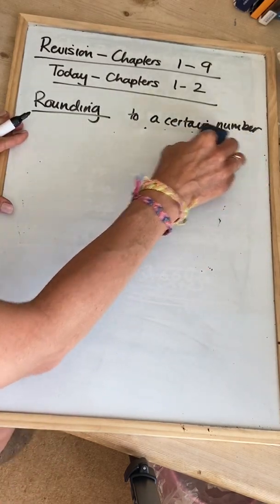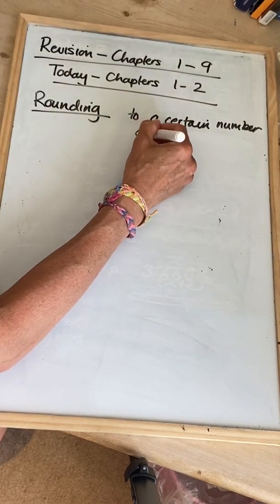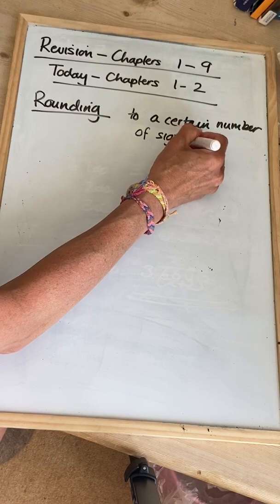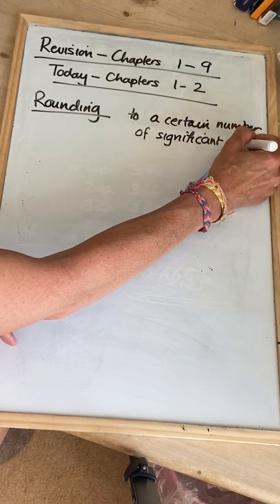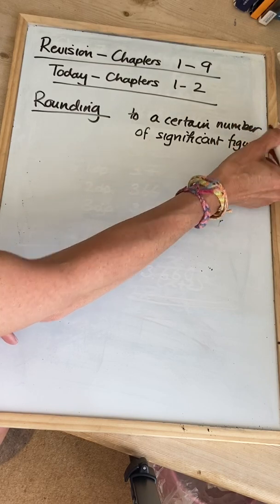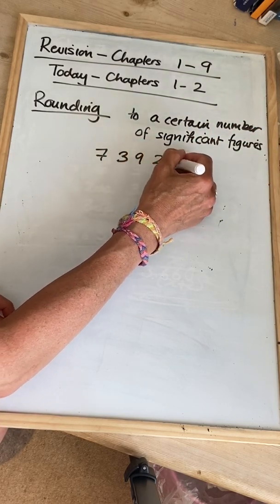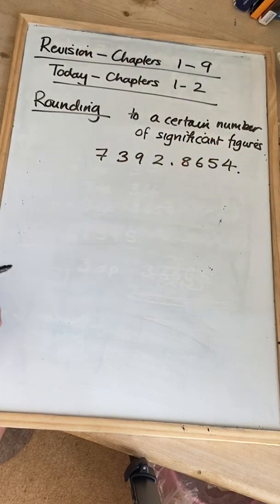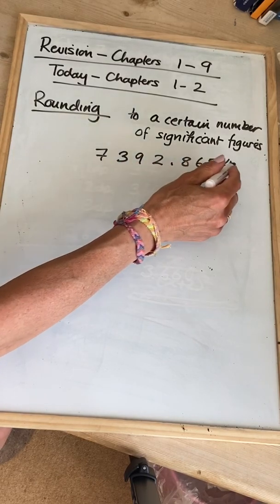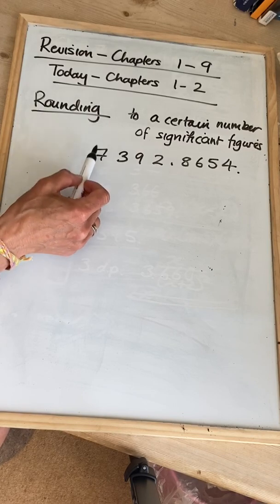The other things in this chapter are rounding to a certain number of significant figures. Now, significant figures don't just take place after the decimal point. Let's take the number 7392.8654 and have a look at that. With this number here, our first significant figure is the 7.